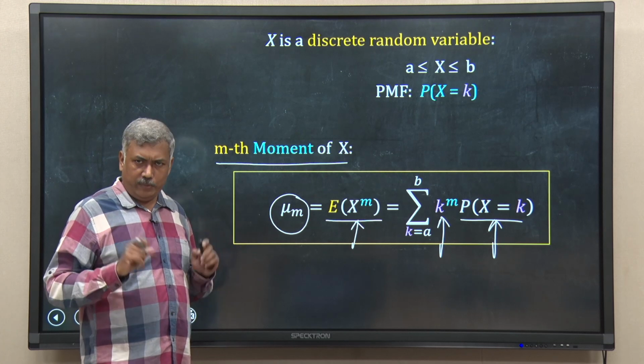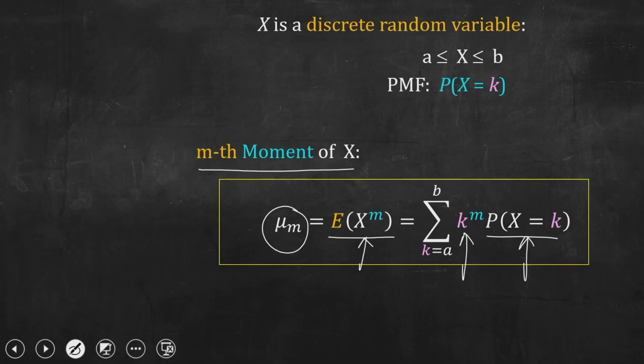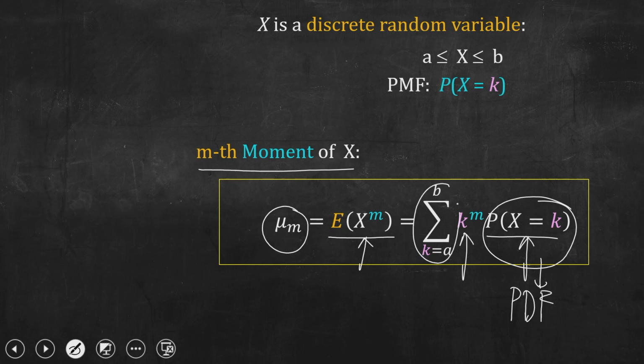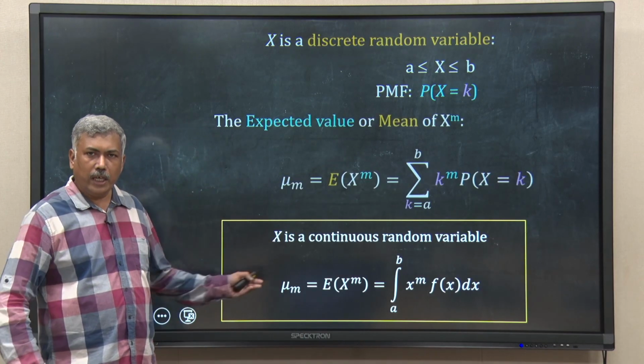Yes, nothing will change much, it is very simple. I will replace this PMF, probability mass function, by the PDF, probability density function, and this summation will be replaced by integration sign. So, it will be integration from A to B, right. That is what I have shown here.